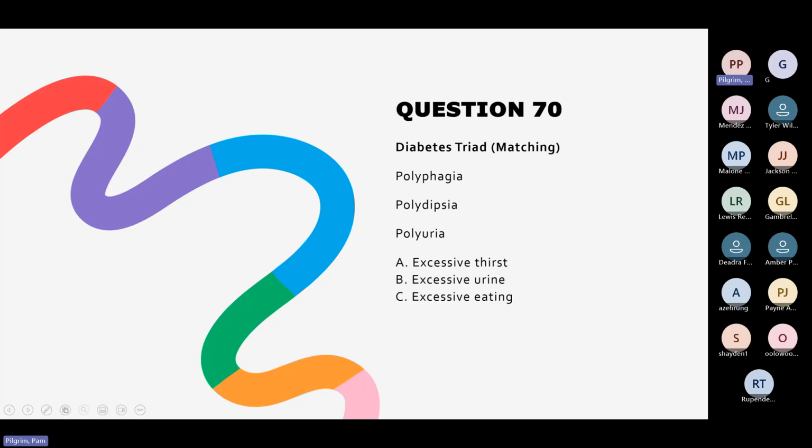Question 70. These are the diabetes triad. Which goes to which one? You can just put them in order. Which is polyphagia, which is polydipsia, and which is polyuria?